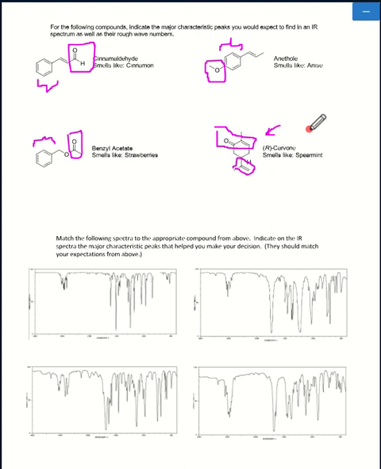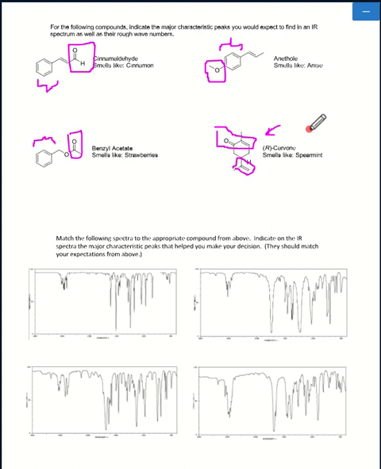For the second page, just for the top, start identifying functional groups and saying where you would expect to see stretches for those particular groups. Based off of the IR table link in Blackboard, you would be able to look up that a C double bond O should be around 1700.